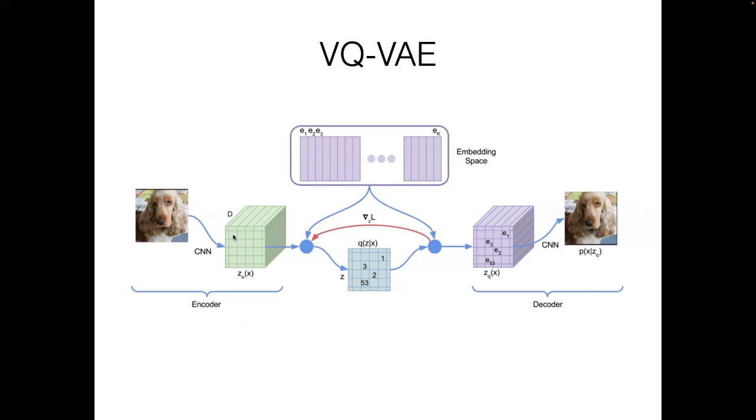And then for each one of these grid positions, you basically do exactly what I said. You do a lookup for each position, and you can see that for this position, it got codebook vector 1. For this position, it got codebook vector 3, and so on. Then those codebook indices correspond to the actual vectors, and you can pass them through a decoder.